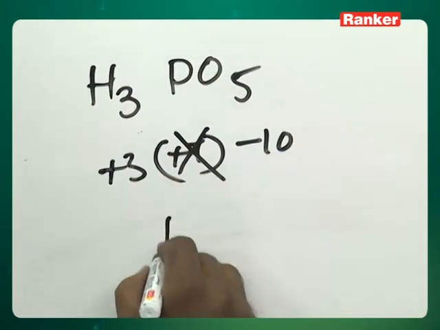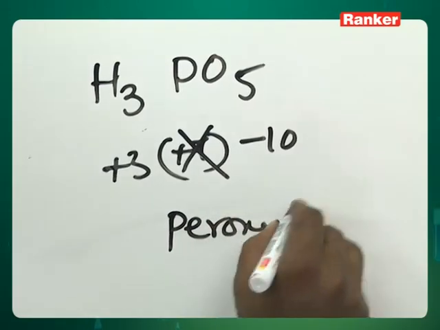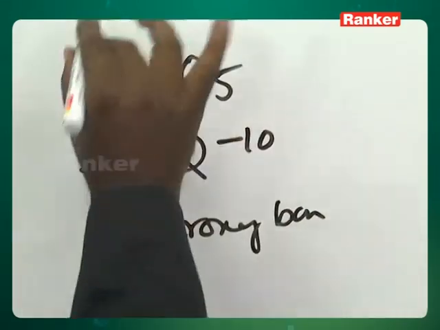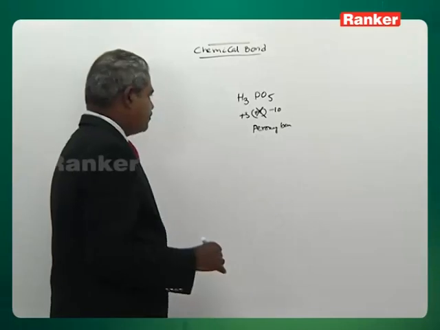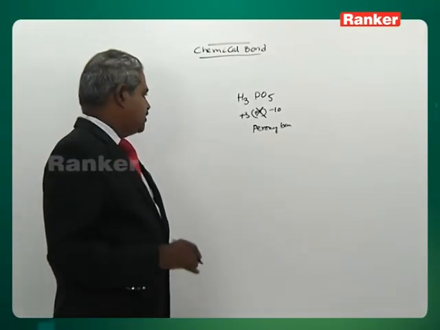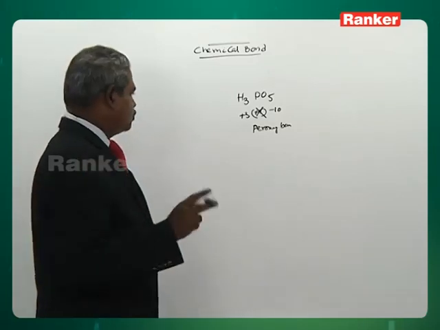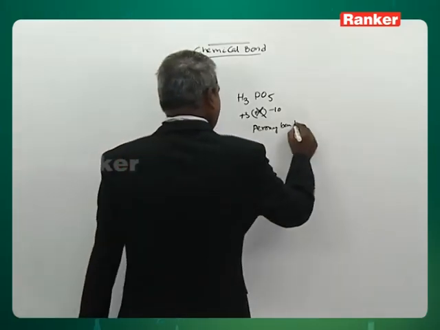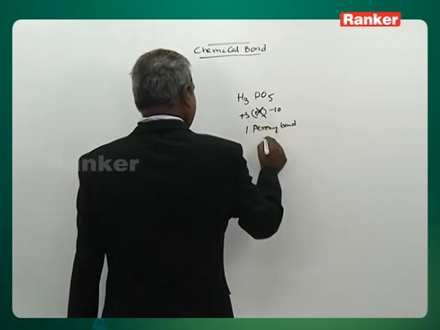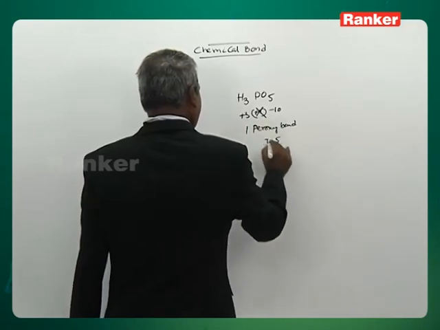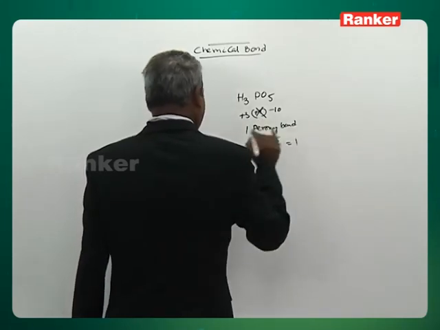Plus 7, therefore, it contains a peroxy bond. How many? 7 minus 5 by 2. Impossible is 7. The demand for electrons is 7, but phosphorus can meet a demand of 5 only, maximum of 5. So, 2 divided by 2, 1 peroxy bond. 7 minus 5 by 2, impossible minus maximum by 2.